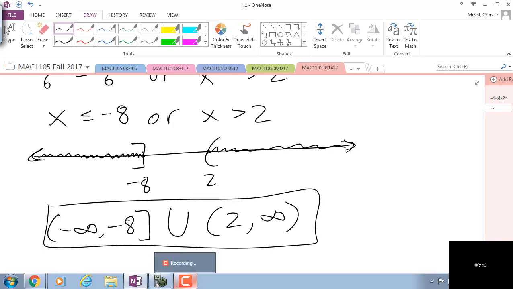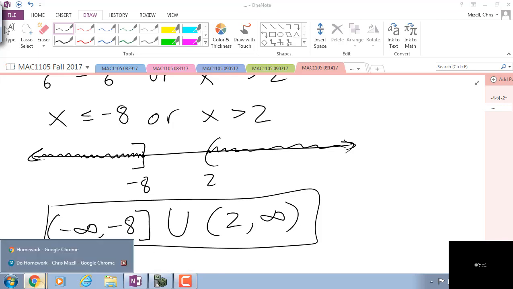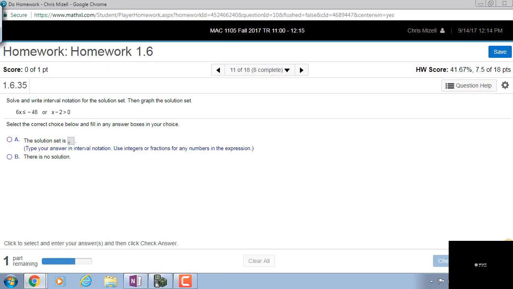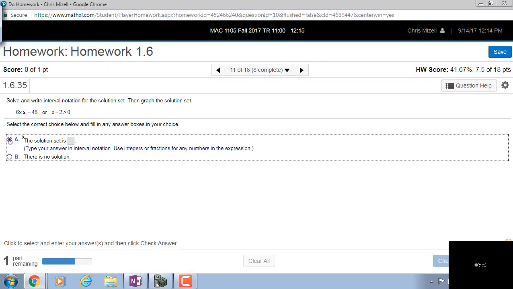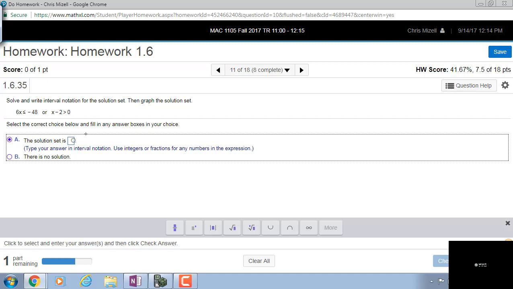And there's a trick, I think, to entering the union symbol, if I can remember how to do that. Save a little bit of clicking on the symbol palette. So if I didn't want to click on the symbol palette at all, I think I could do this. Negative, front slash INF, there we go, for the negative infinity, comma, negative 8, and then the bracket.